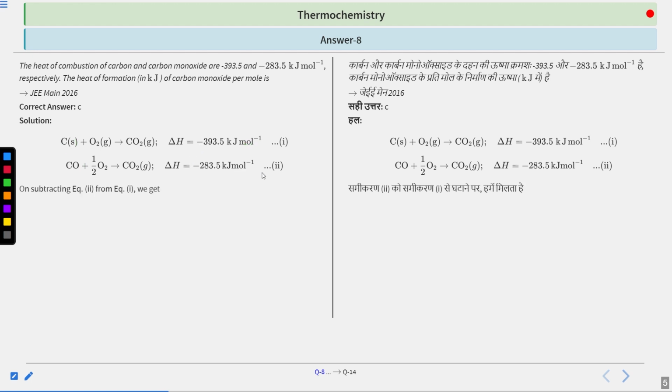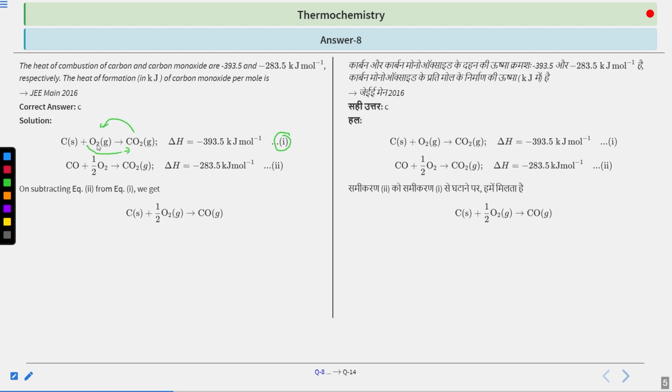For that, what we have done is we have subtracted 2 from 1. So what will we get? If you subtract 2 from 1, this thing will be as it is. Now we are subtracting equation 1, so this equation will get reversed. CO2 will come on this side and the reactant will go on the other side.